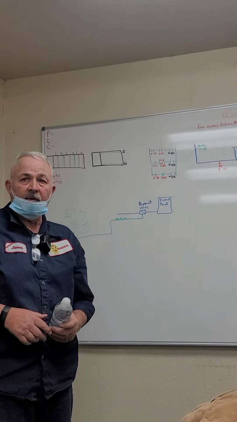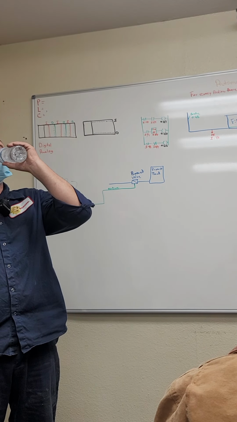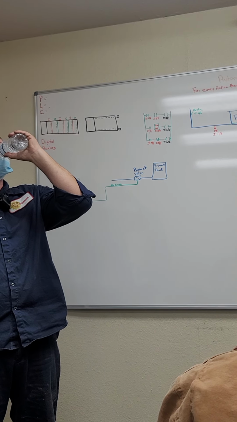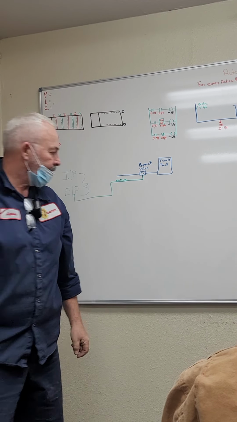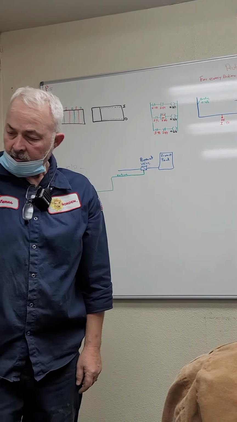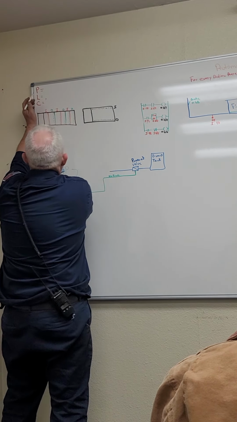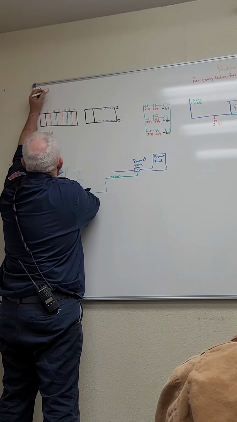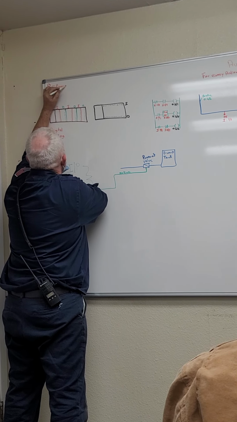PLC, what does that stand for? Programmable logic controls. What does it do? It basically transforms a signal from one spot to another on a command that's programmed in it.